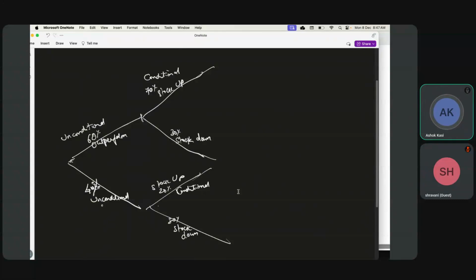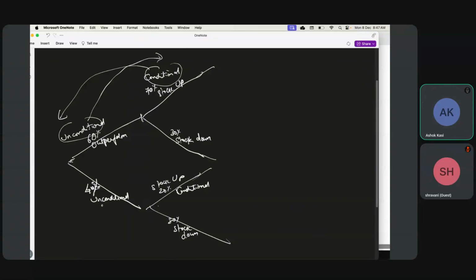So what happens in Bayes' theorem is basically we will make conditional as unconditional, and we will make unconditional as conditional. That means if the stock is going up, then what is the probability of economy outperformance?